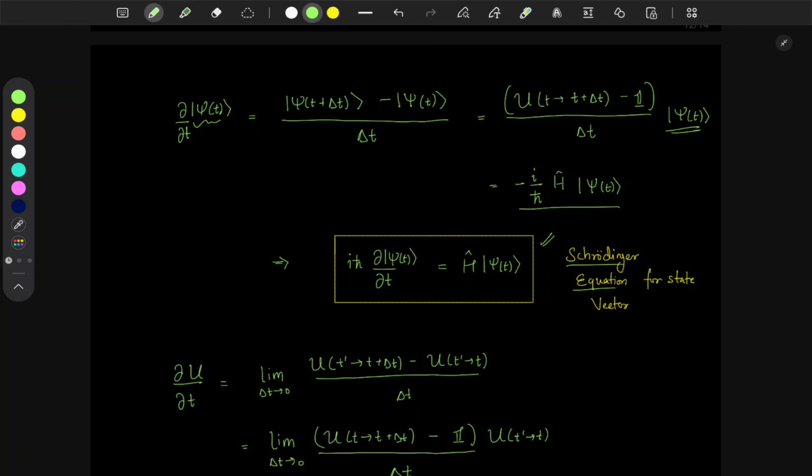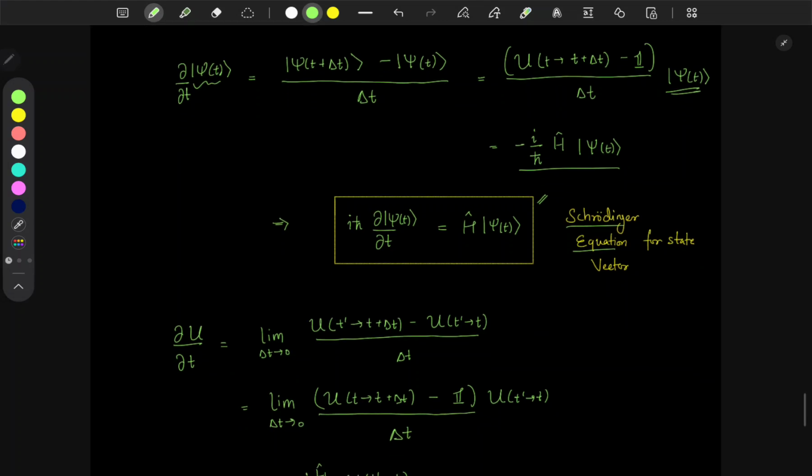It is very formal, and in a lot of textbooks and universities it doesn't start the way I am going. We will come to the equation you have seen as well, but for now just remember that this is the Schrodinger equation for the state vector, and it describes how the state vector changes.